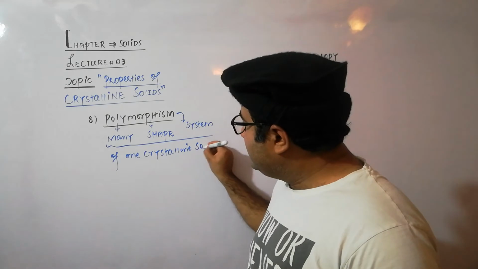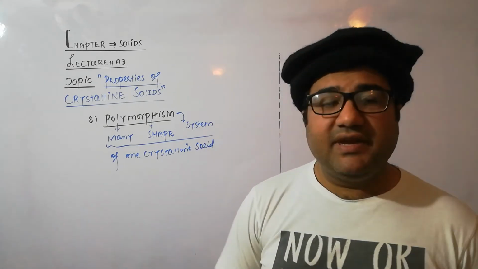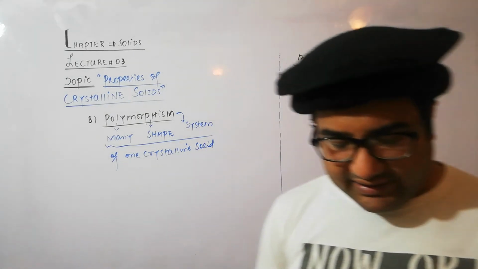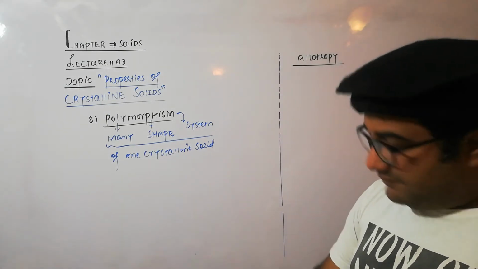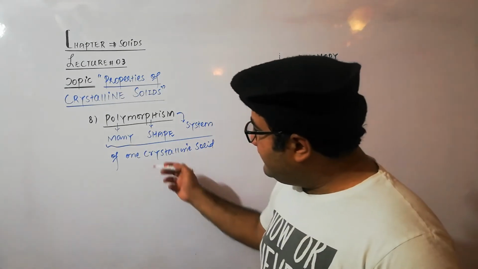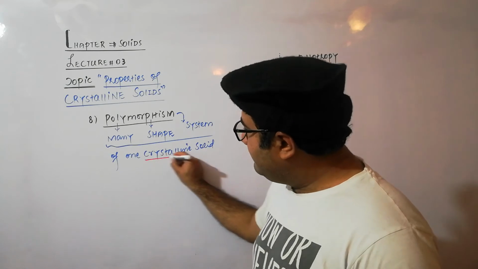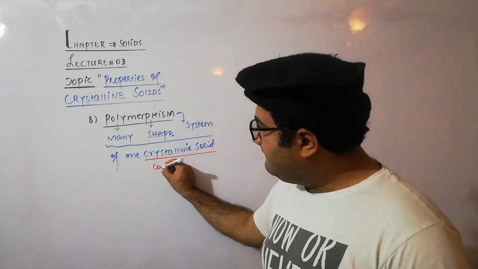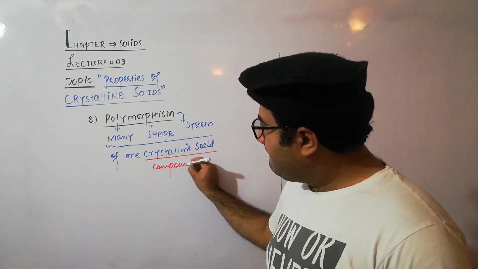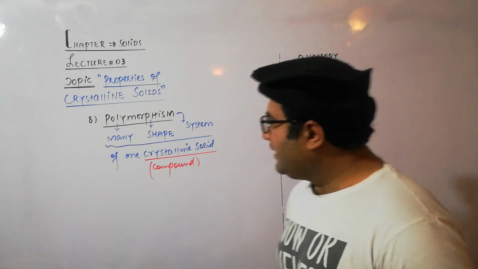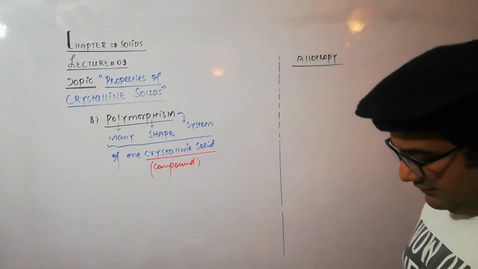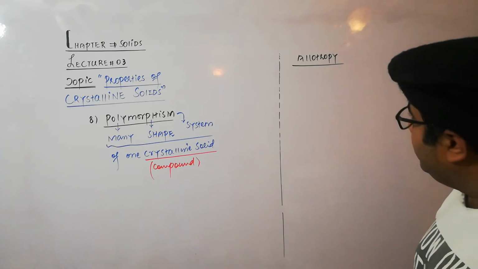So in this case, one crystalline solid has many different shapes. That is called polymorphism. But the condition is that this crystalline solid should be a compound.